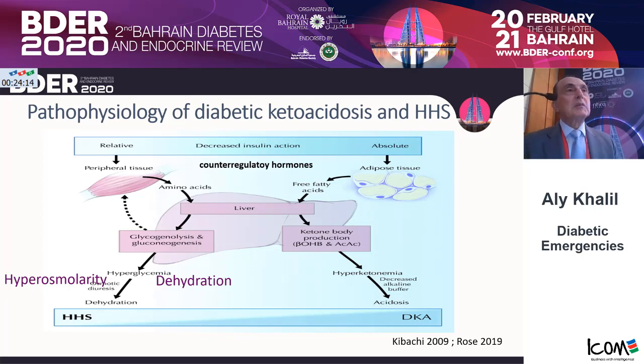there is increased lipolysis from fat cells, an increased flux of free fatty acids, and those free fatty acids get to the liver where they go through a well-known process called beta oxidation, which leads to the formation of two-carbon moieties called acetyl coenzyme A. When there is lack of insulin, the acetyl coenzyme A, which is meant to go through the Krebs cycle to generate ATP, is unable to go to that Krebs cycle.